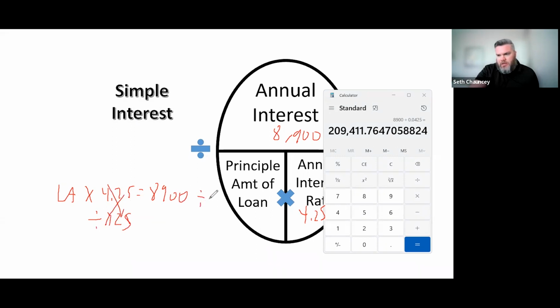Divide by 4.25% on this side. Now the loan amount equals 8,900 divided by 4.25%. That's all the T-bar is, just the visual representation of algebraic linear equations, because it's the same thing. 8,900 divided by 4.25%. Bam, same thing.